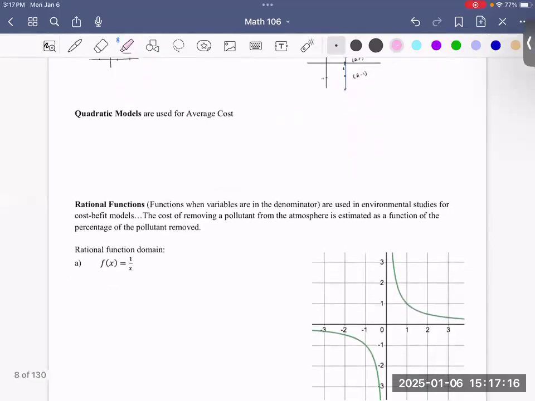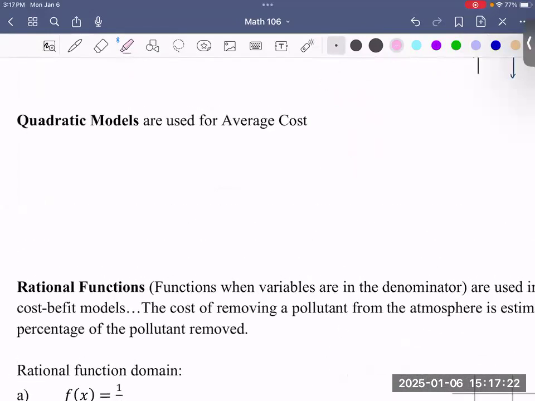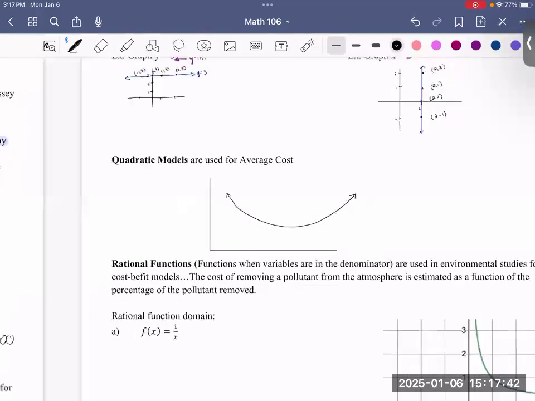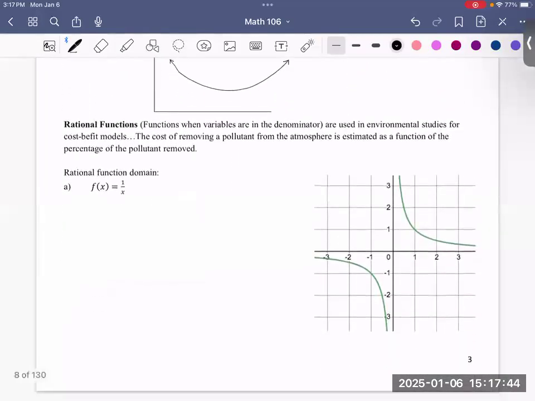So that's for just linear. When we talk about quadratic models, these models are used for average cost. Typically with the quadratic, they take on that kind of smiley face or frowny face version. So they kind of have this curve to it. So you're going to see this when we cover average cost or just quadratic models in particular.